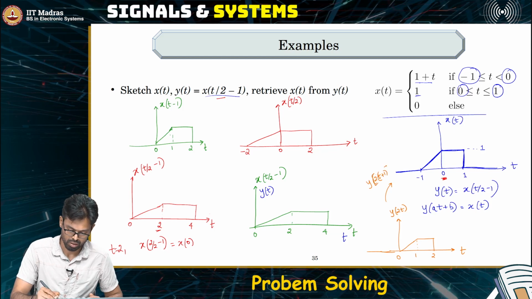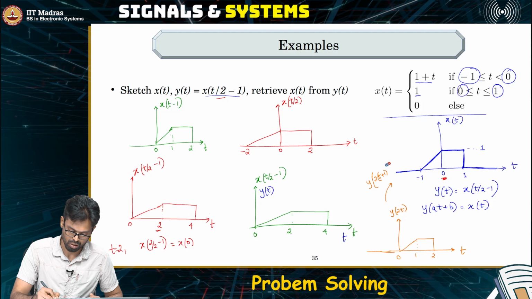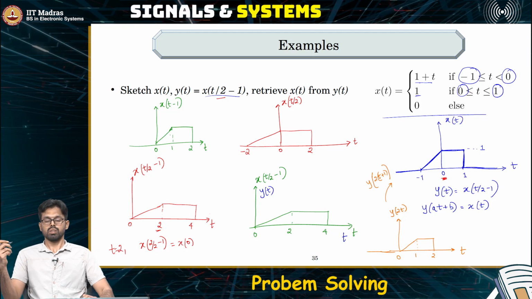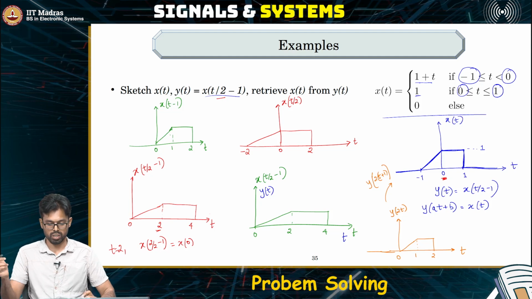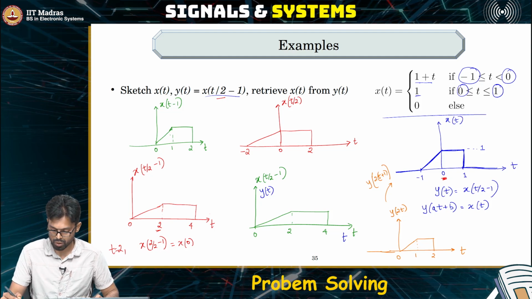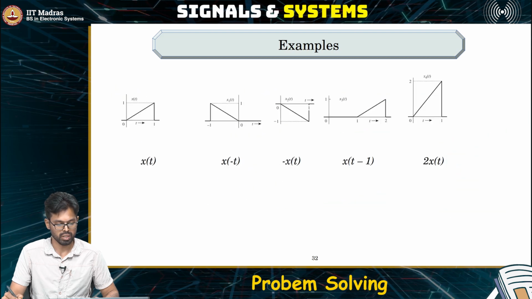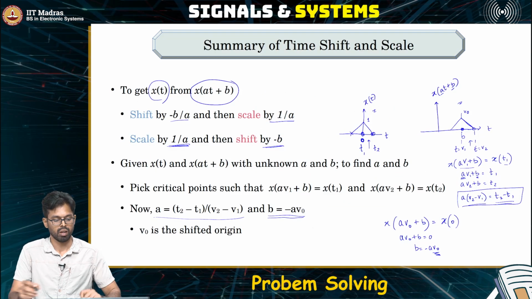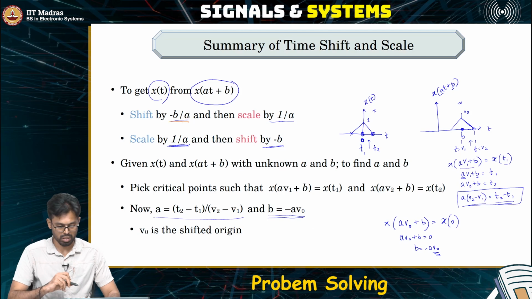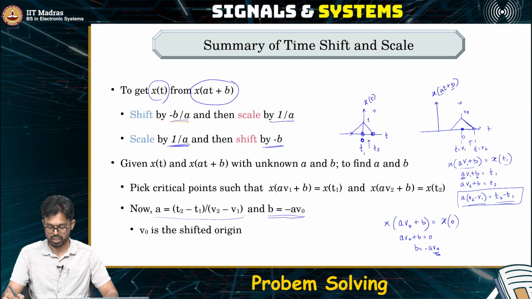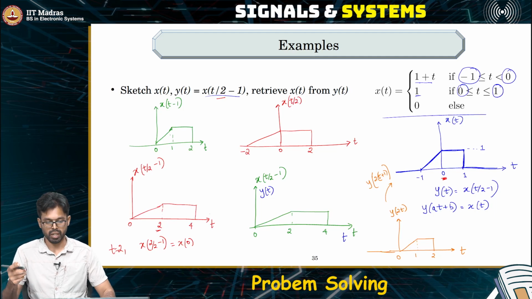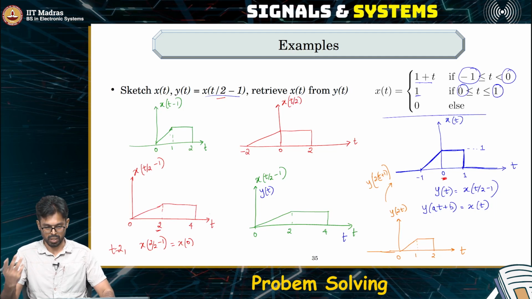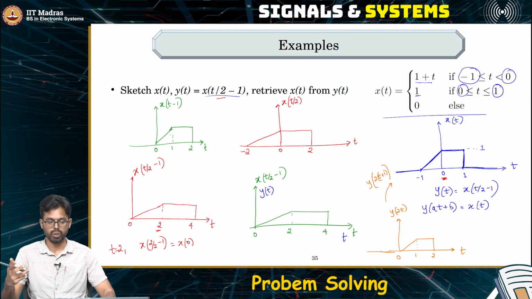So after scaling you're moving it by +1, that is shifting it to the left, and then you get the original signal. What if you do the other way around? First shift by minus b by a, and then scale. Minus b is +1, and divided by a, you get +2.